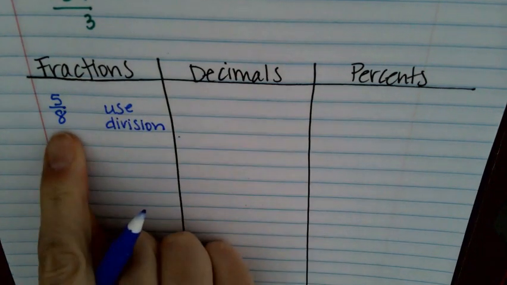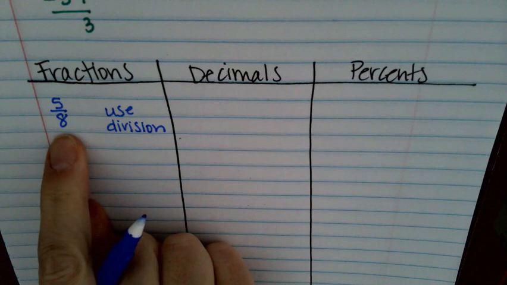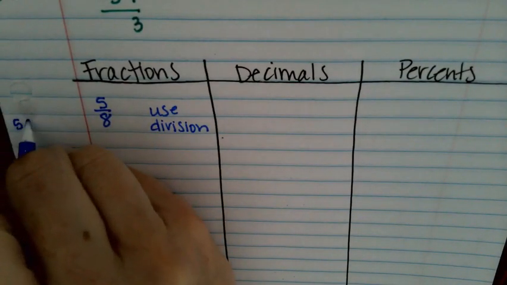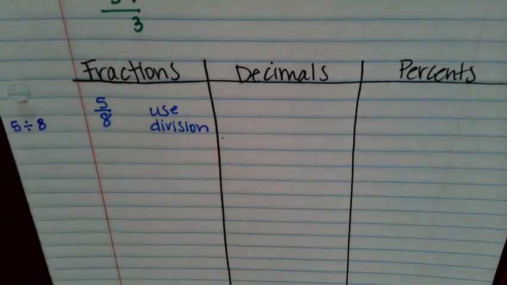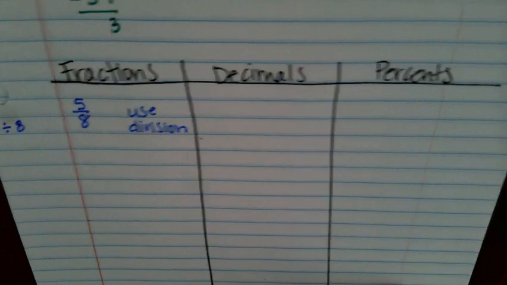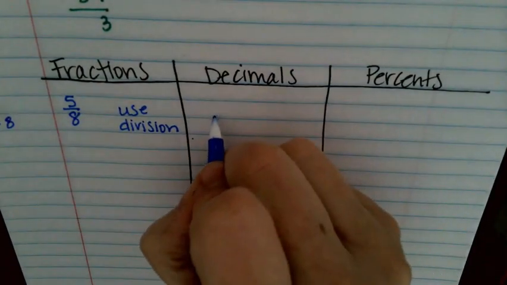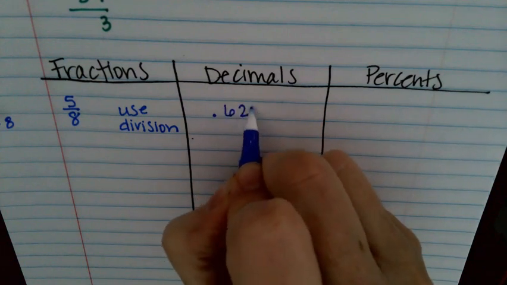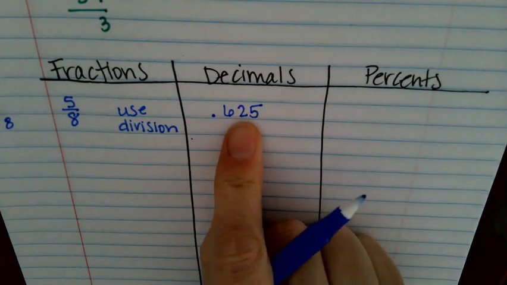Now, if you were to put this in your calculator, you would write this as 5 divided by 8. So put that in your calculator, 5 divided by 8, okay? When you did that, the decimal you got was 0.625 or 625 thousandths, okay?